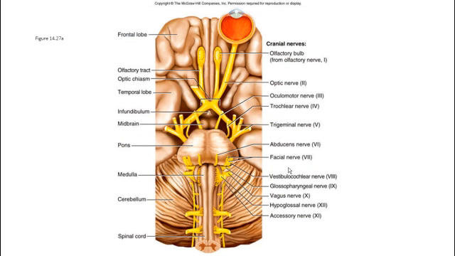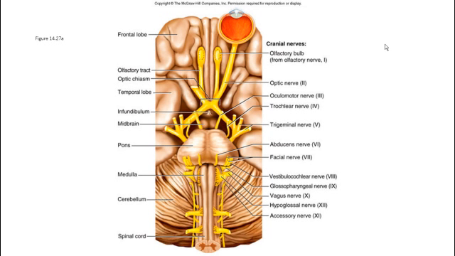So here are the cranial nerves, and in case you're not sure exactly what you're looking at here, this is the brain, and basically what you can see on top here is an eyeball. So this is the front bottom of the brain. So it's as if the person was looking at you, and then you put your hands on either side of their head and flipped their head up so they're looking at the ceiling, and you're looking at the bottom of their brain.